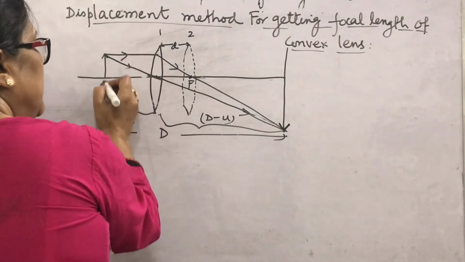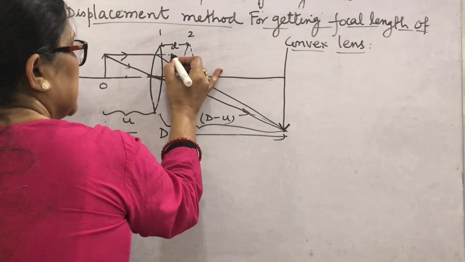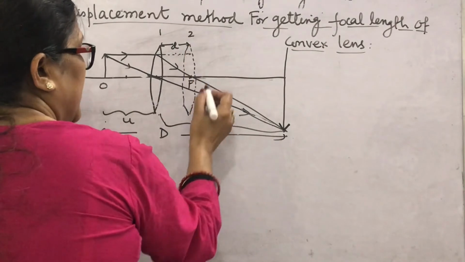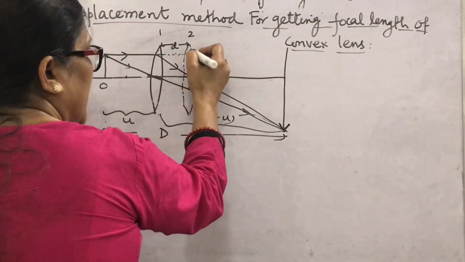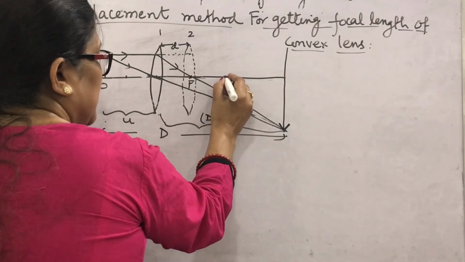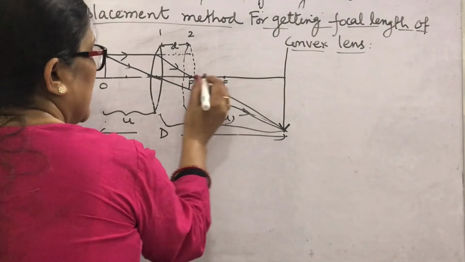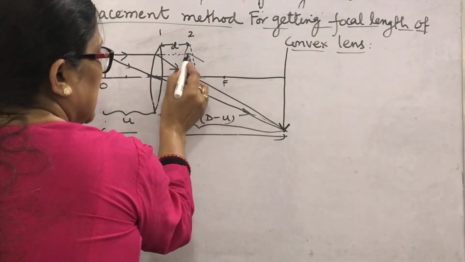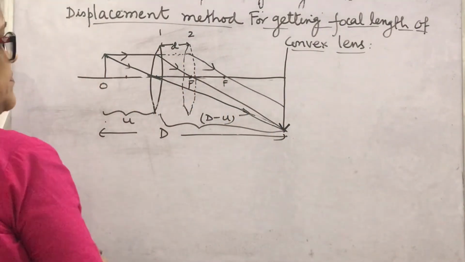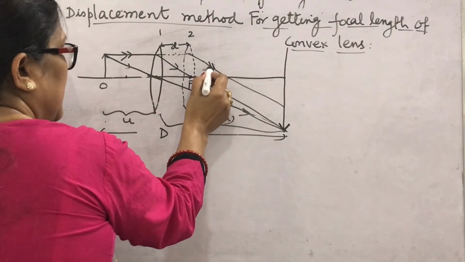Now for the same position of the object, the incident ray will come at this same lens, and from here the parallel ray, after passing through the lens, will go through the focus. Suppose the focal distance is the same as it was here, this is f. Then it will pass through the focus and reach the screen like this. I am showing this second ray by 2 arrows.